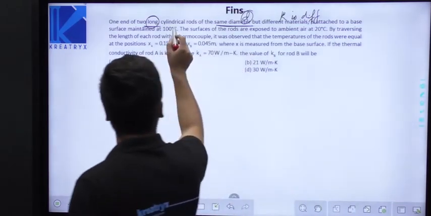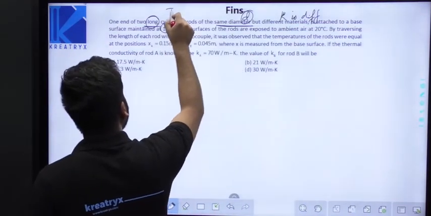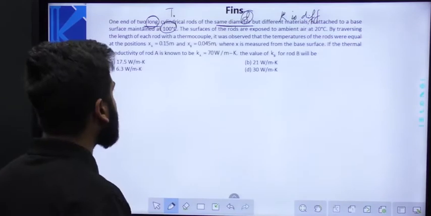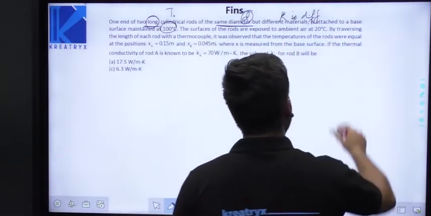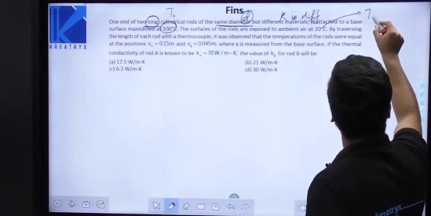That means it is the root temperature, T naught. The surfaces of the rods are exposed to ambient air at 20 degrees Celsius, which is the same for both the cases. That is, this is T infinity.